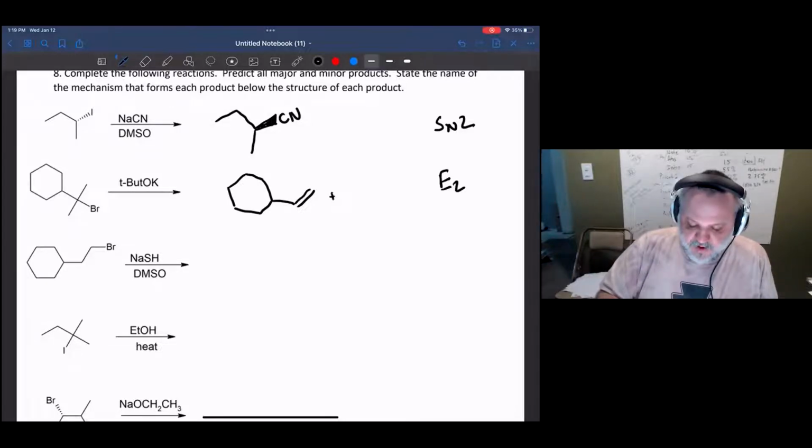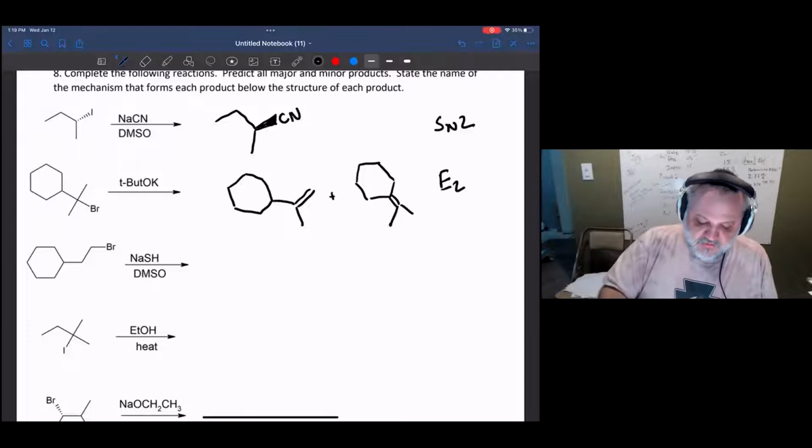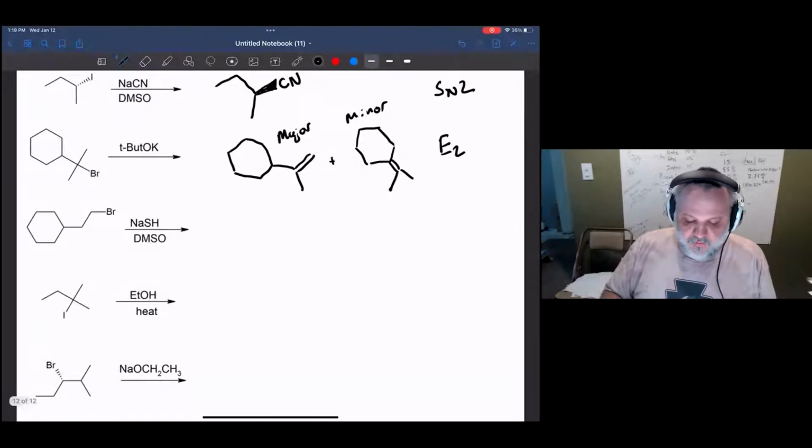There will be a minor product that is the more substituted double bond. And that looks like this. So here's the major product, here's the minor product. All right, what about the next one?